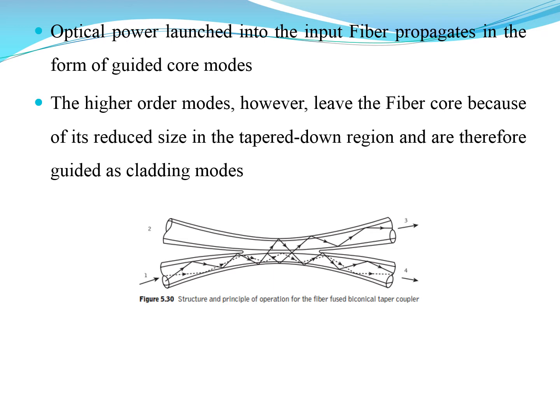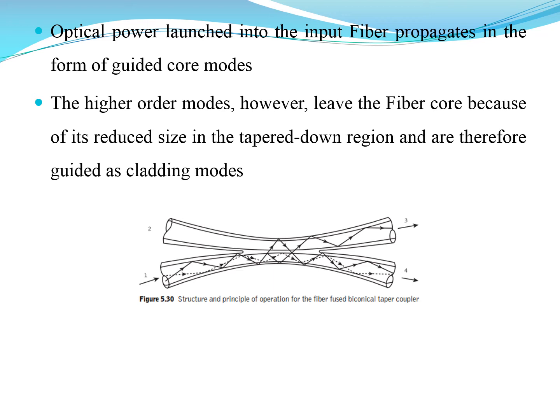So these three ports are active ports, where port 1 is the input port and ports 3 and 4 are the output ports. Optical power launched into the input fiber propagates in the form of guided core modes. We see that the signal is entering the fiber through input port 1. The higher order modes, however, leave the fiber core.